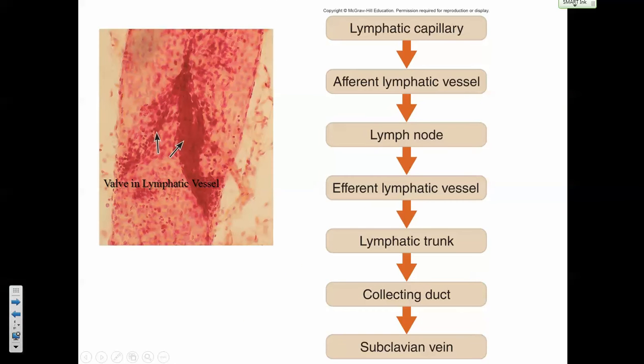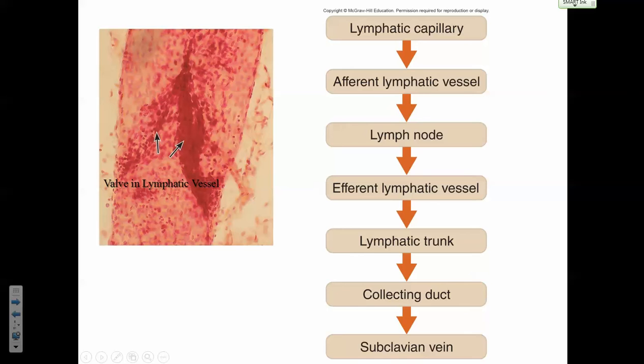All right, here is just that movement of lymph. It's going from lymph capillaries to lymph vessels, through the lymph nodes to other lymph vessels that empty into the trunks, then into the collecting ducts, and then into the subclavian vein. I know you've not named that before, but that's a vein that empties ultimately into the superior vena cava.